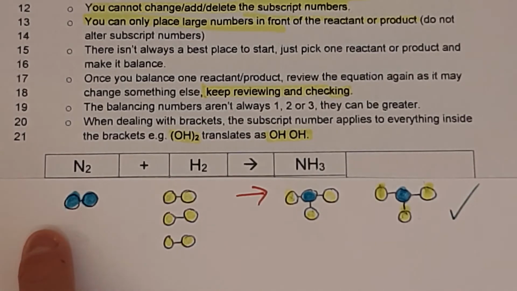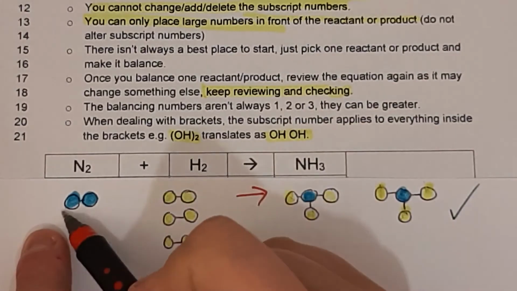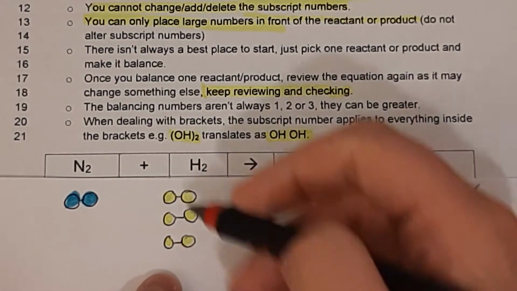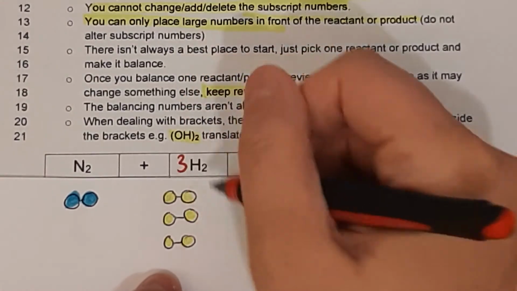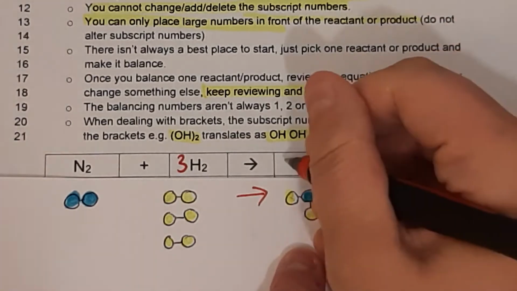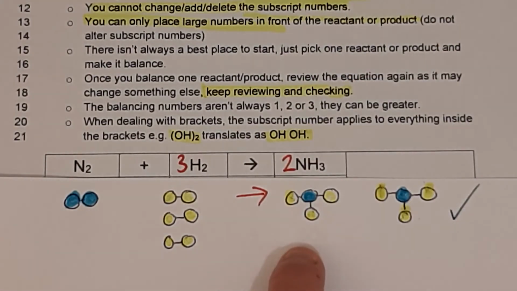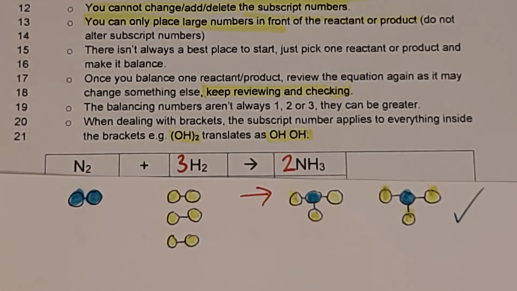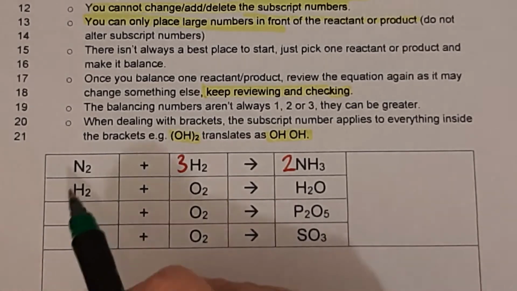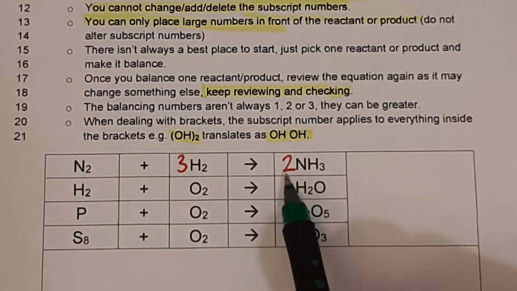So let's have a look. So I now have 1 lot of N2, so that's the same. I have 1, 2, 3 lots of H2, so I've drawn them as they're shown, and I have 2 lots of NH3. So that is now balanced. So the correct answer for the first one was N2, 3H2, 2NH3.